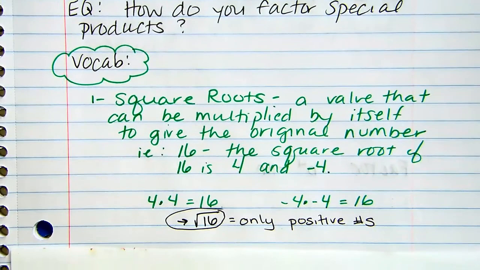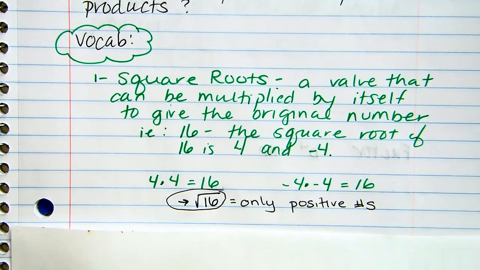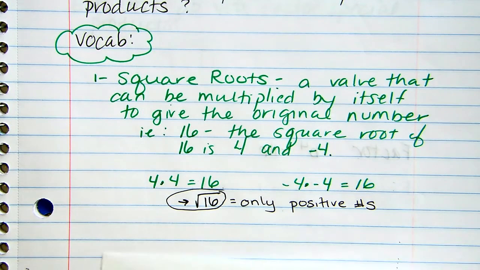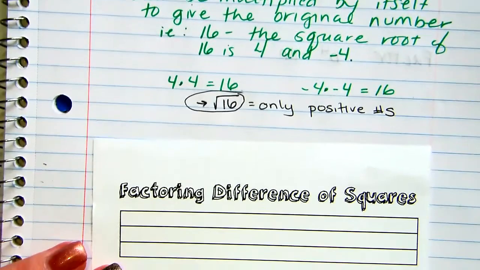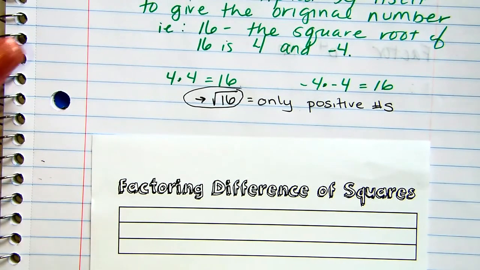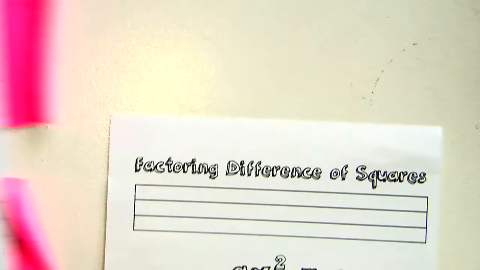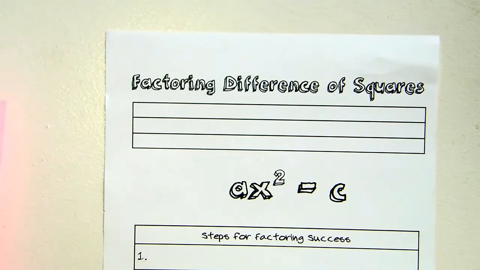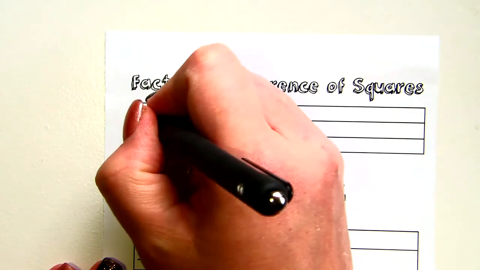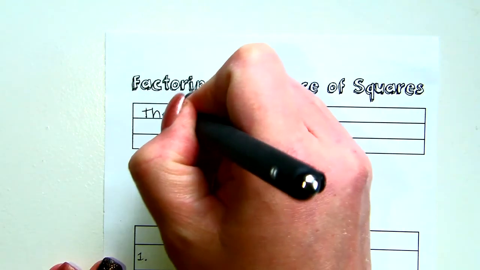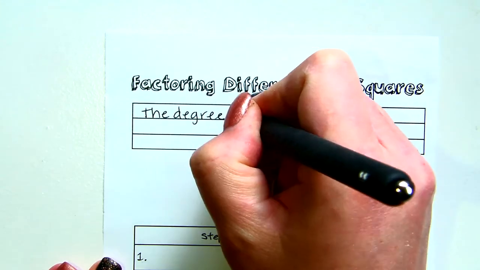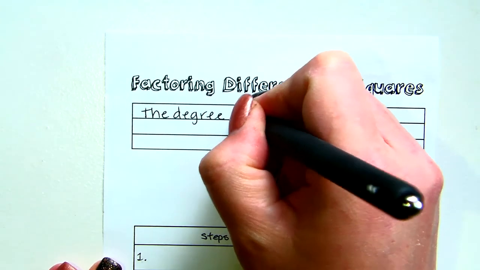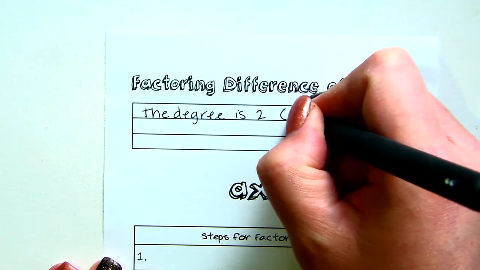Now, moving forward, I have a little insert. Some of you already have this, and it is factoring difference of squares. We will be using factoring difference of squares when the degree is 2, meaning it is a quadratic.